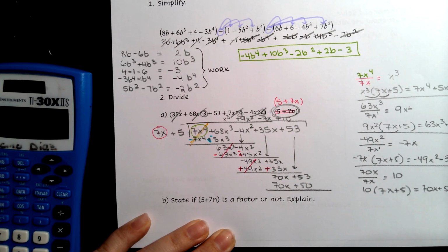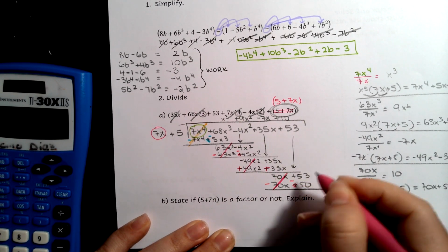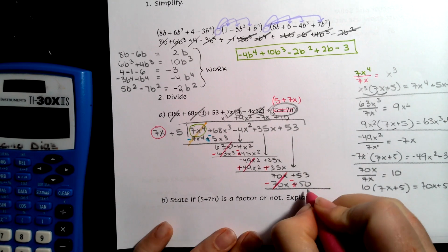And again, be extra with your sign changes. 53 minus 50, I get 3.